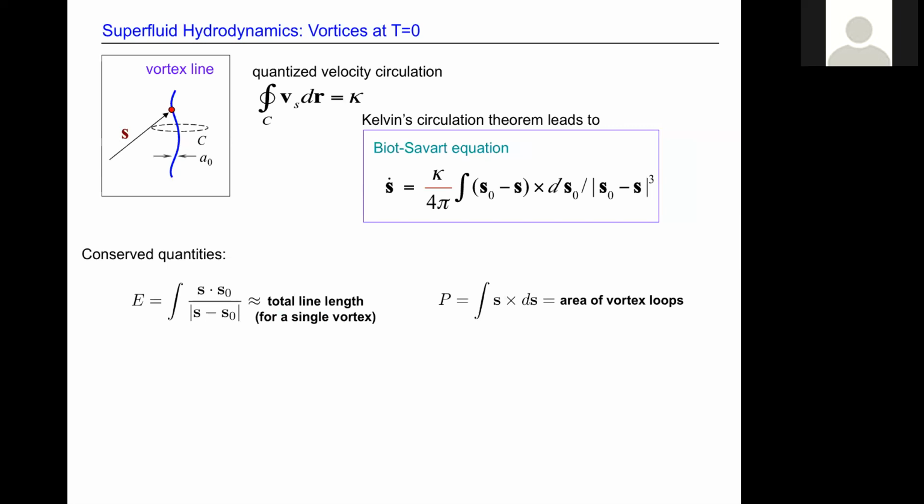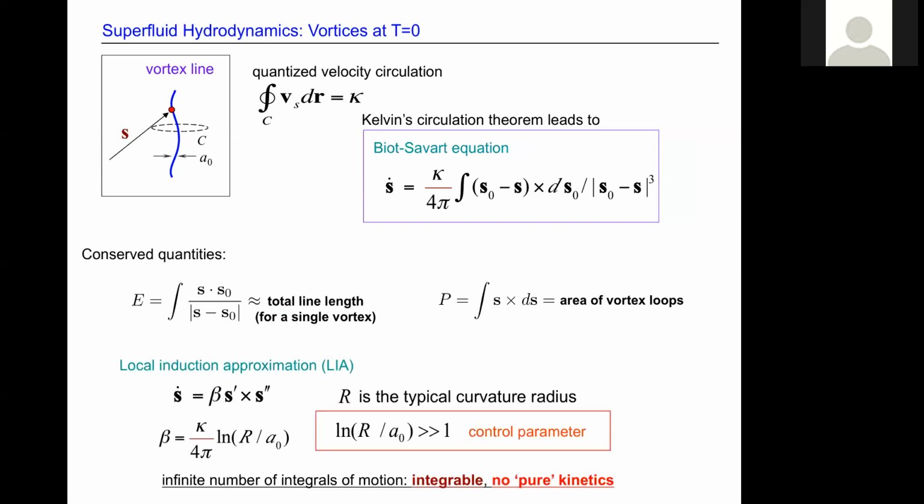Then the energy is approximately the total line length, and by the meaning of the integral, the other one is just the area of vortex loops. So that helps to think a little bit about what the dynamics is, in these geometrical terms.